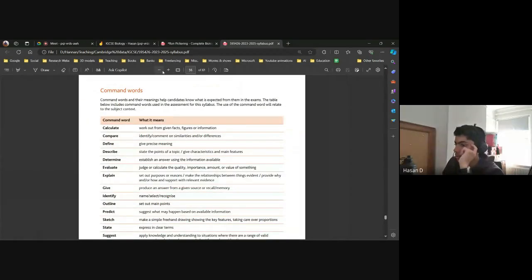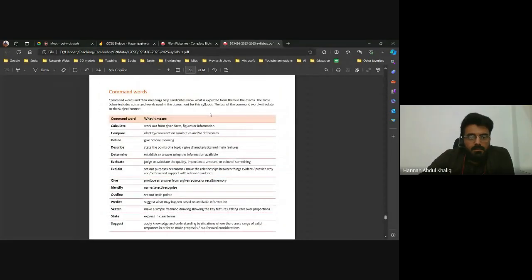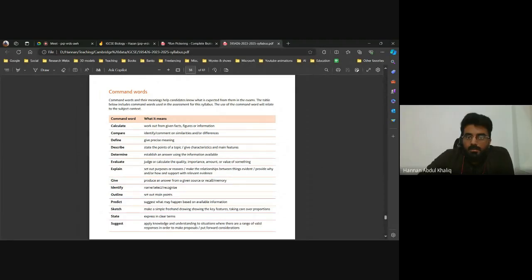Is this the syllabus? Yes, I have this open. At almost the 56th page, you can find these command words, and we will be going through these words. But let's have a brief discussion. Just look at this.